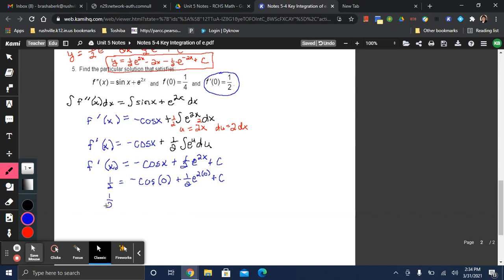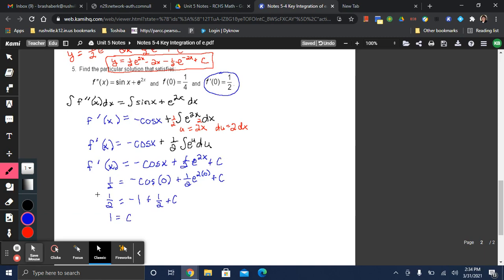So you have 1/2. Now, the cosine of 0 is 1, so this will be the negative of that. So you'll have negative 1 plus, and then this is 1/2 times e to the 0, which is 1. So 1/2 times 1 plus c. And if we subtract the 1/2 and add the 1 to the other side, we're going to get 1 as our value for c.